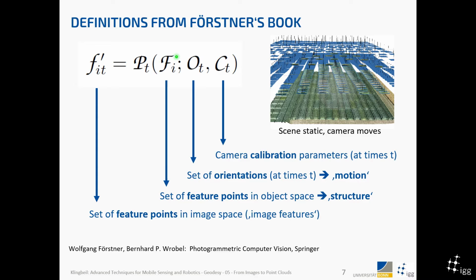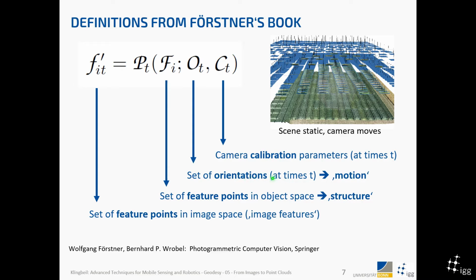This projection from the object space to the image space needs a set of orientations and a set of camera parameters. These camera calibration parameters are the intrinsics from the slide before. The O here, the set of orientations, are the extrinsics, and this is a transformation.